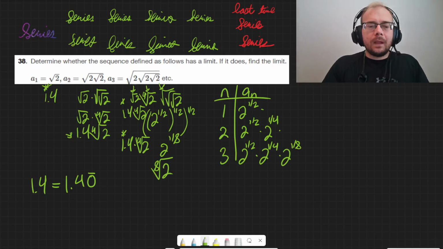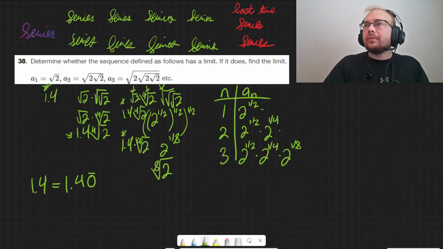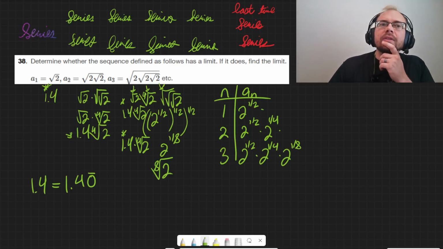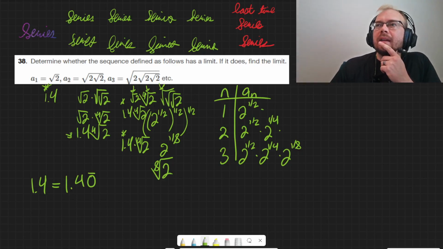So let's do this. f of x, I'm typing this into Desmos so you can't see it. f of x is 2 to the power of... no, not negative x, 2 to the 1 over x.